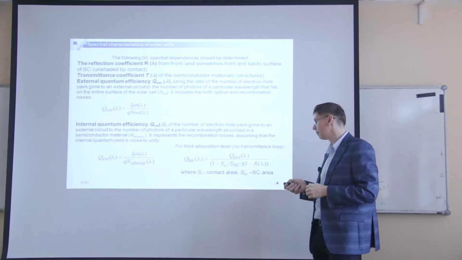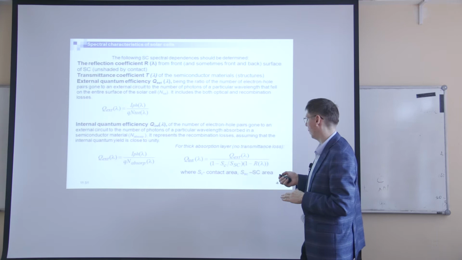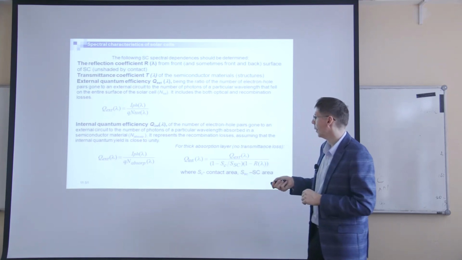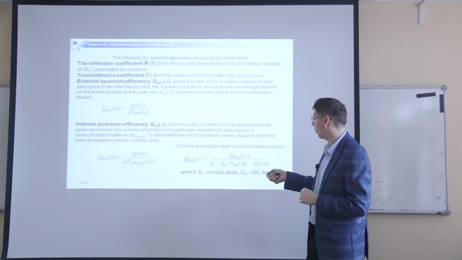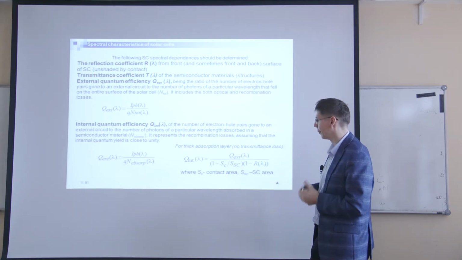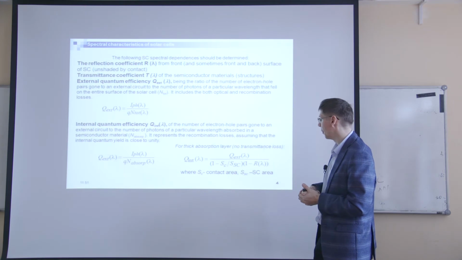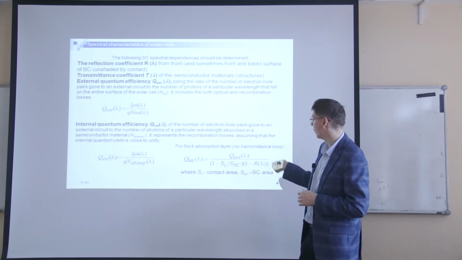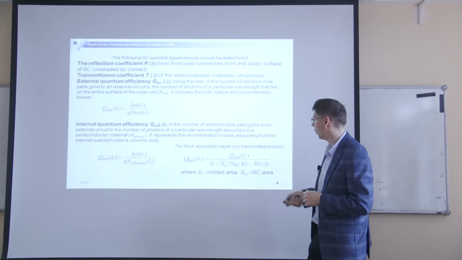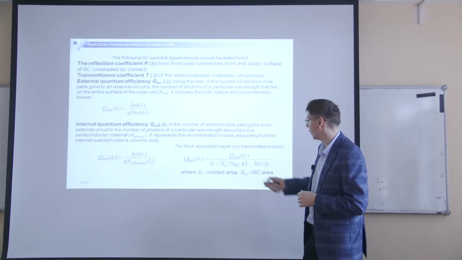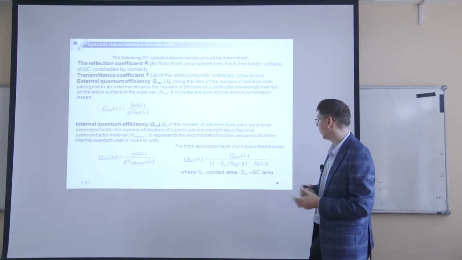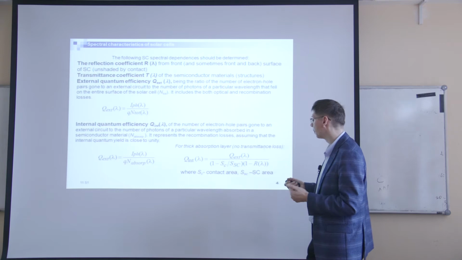If your solar cell is not transparent, so you have no losses due to transparency, you can just use this formula, taking into account the shadowing by the contact grid and the reflection.